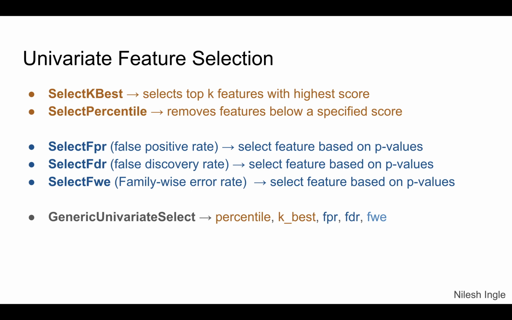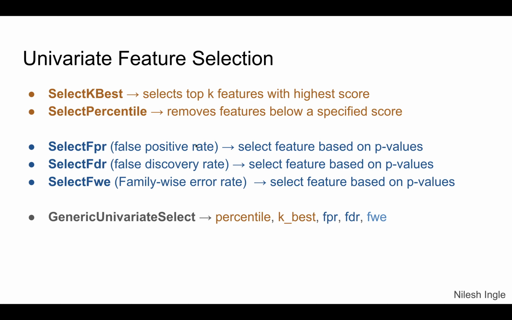For univariate feature selection, these are the methods that are available. The first one is select k best and select percentile. The first one selects the top k features. k could be any letter, it could have been n here. So it selects the top k features with the highest scores, and same thing for percentile.